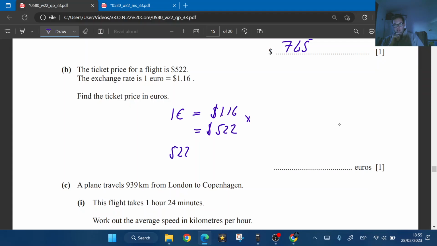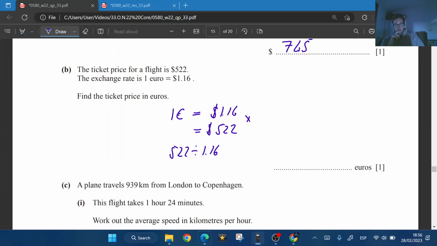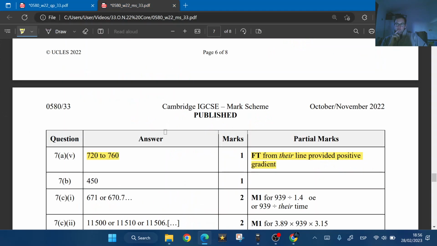We can do that calculation backwards. So 522 divided by 1.16 is 450. Meaning 1.16 times 450 gives 522, so to do the same here, we multiply the 1 by 450. And that's easy. So it's 450 euros. The euro sign is there already.